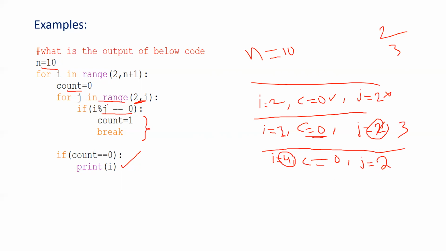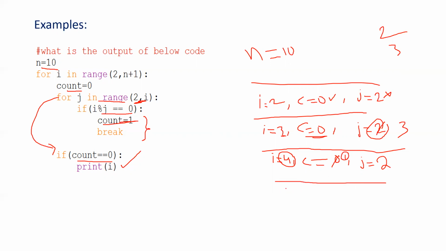Now see here, i mod j, 4 modulo 2, yes, we are getting 0 and this block of code will be executed, which means the count will become 1 and break, means the control will come here and check count equal to 0. No, here the count is 1, right? So in that case, you will not print the i value.